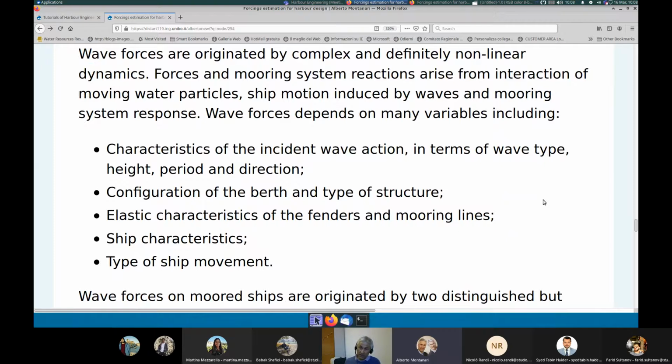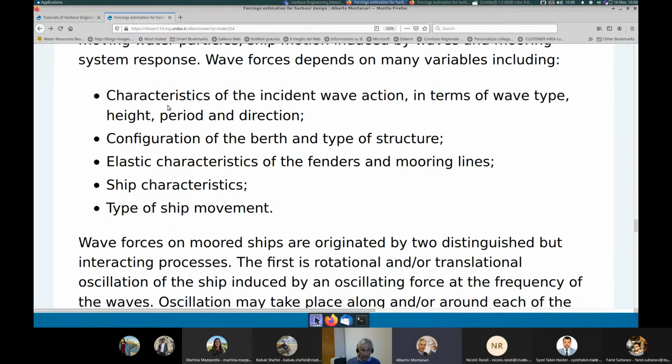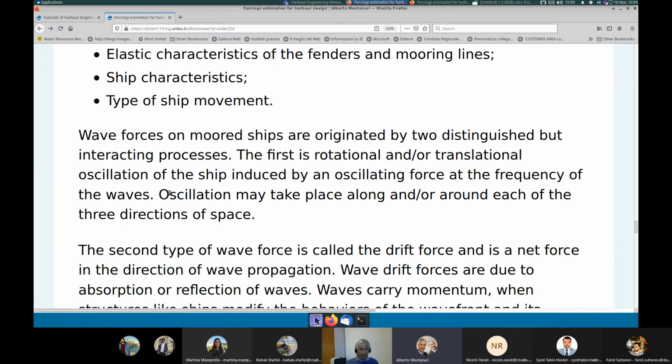This complex dynamical interaction is impacted by many variables, including those that you see in this list of bullet points: characteristics of waves, configuration of berths, elastic characteristics of the fenders and mooring lines, ship characteristics, and type of ship movements.